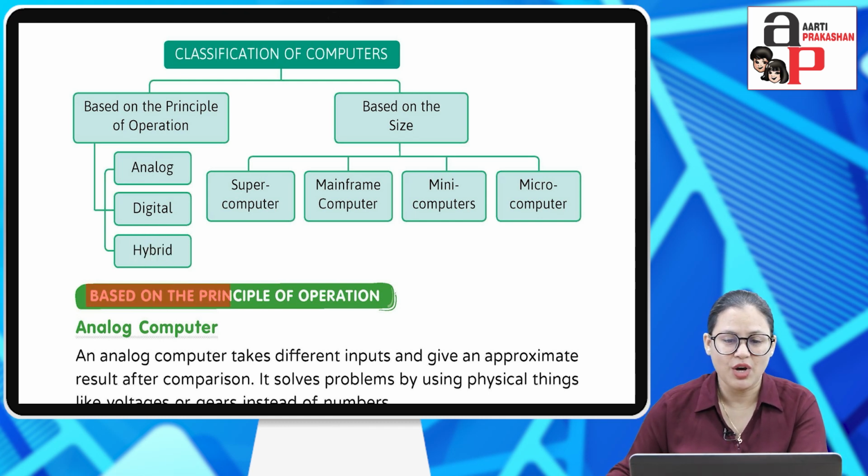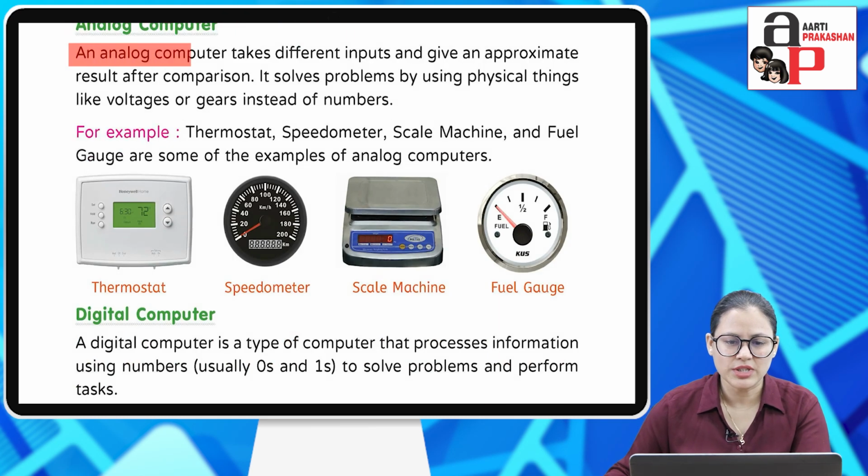Based on the principle of operation, the first one is the analog computer. An analog computer takes different inputs and gives an approximate result after comparison.